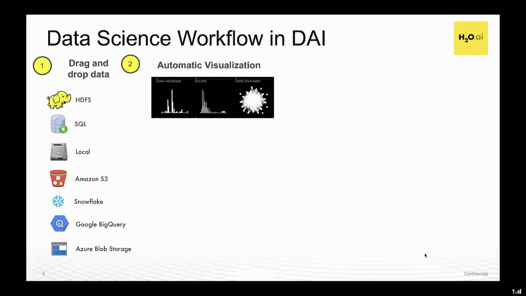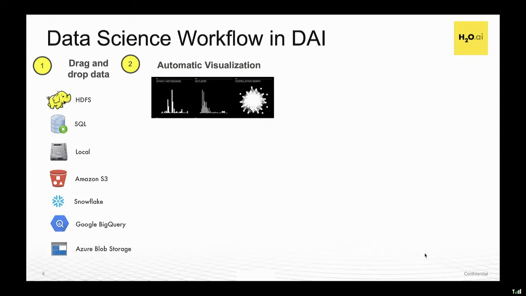The next thing we want to do is our exploratory data analysis, where we understand what is in our data set. And this is done with automatic visualization. AutoViz was built by Leland Wilkinson, who is the author of Grammar of Graphics, one of the first statistical textbooks about using visualizations in statistics.